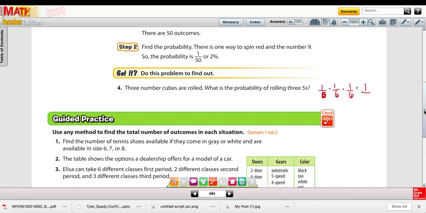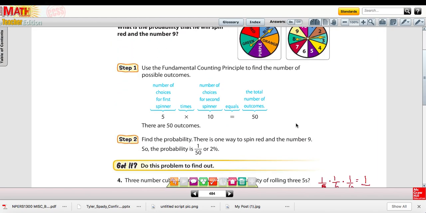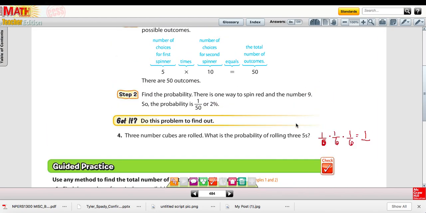At the top of page 484, we have the fundamental counting principle being used to solve another type of problem. And what we're going to do is find out the outcomes first. In this case, for got it number 4, we have number cubes, and we know that number cubes are 1 through 6. And so on the first number cube, we have 1 out of 6 chance of getting a 5.